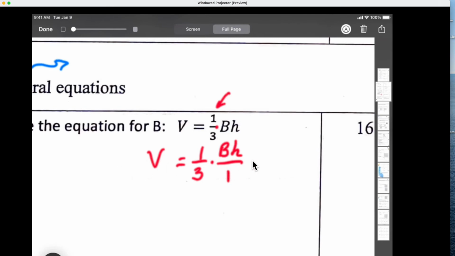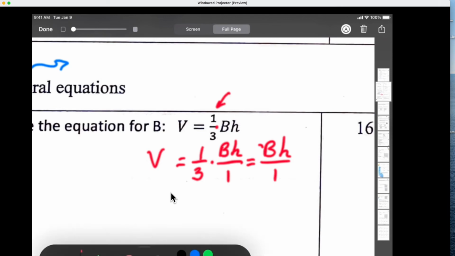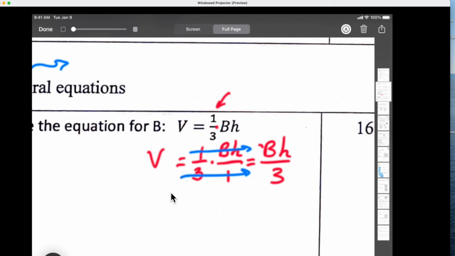Now we are multiplying two fractions. Whenever you are multiplying two fractions, you are allowed to multiply straight across. We do not need a common denominator here. So now we have bh on the top, and 3 on the bottom. So folks, all we did here was multiply straight across. So now I have v equals bh over 3.